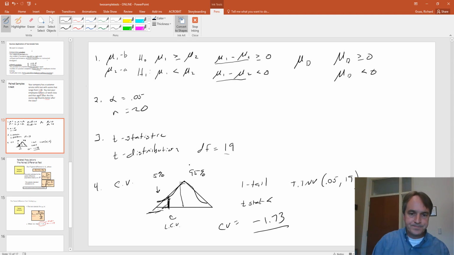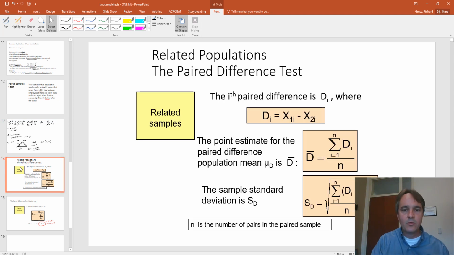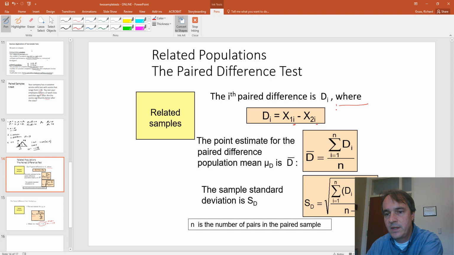So now we need to go on to step number 5, which is to actually calculate the value of the test statistic. Now we'll take a look at the formula and then we'll do it in Excel. These i's represent the rows. Each row in our data set, we had 20 rows, is going to be represented as an i.